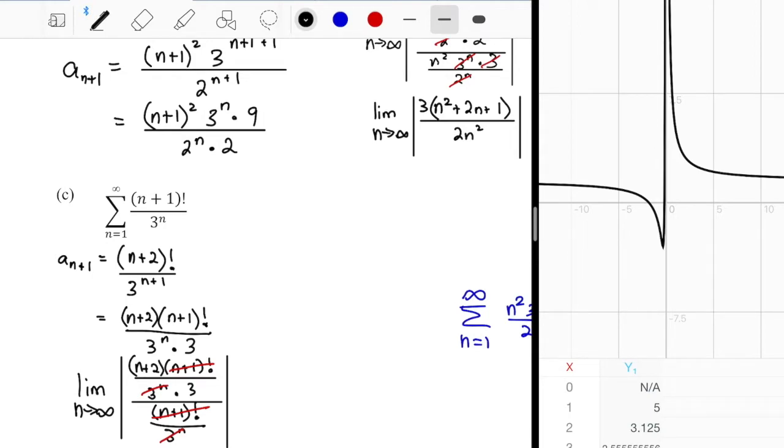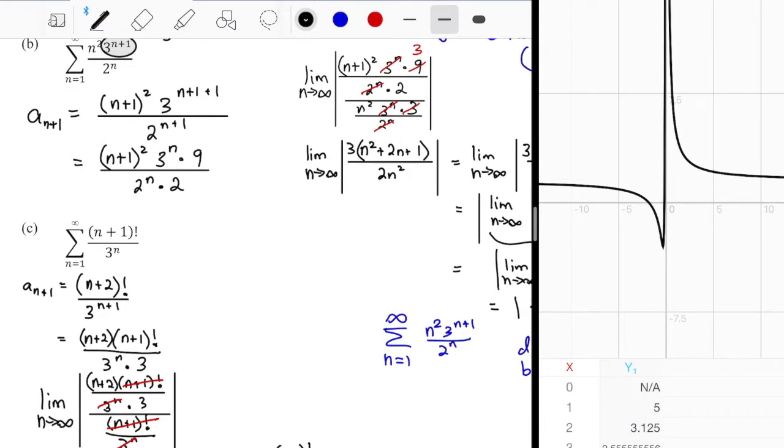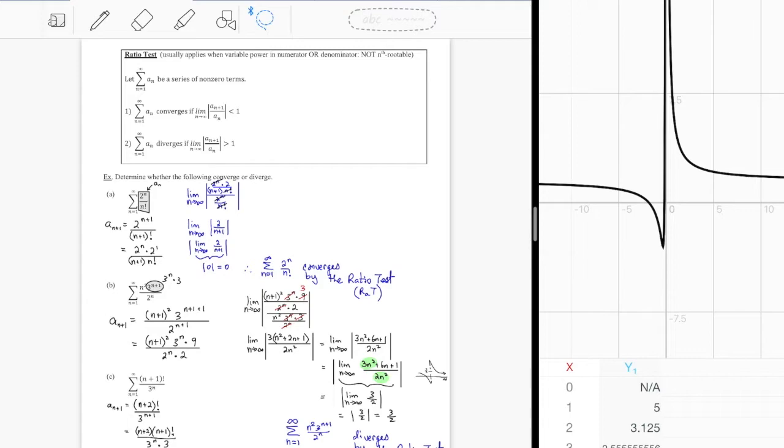So therefore the sum from 1 to infinity of n plus 1 factorial over 3 to the nth diverges by the ratio test.